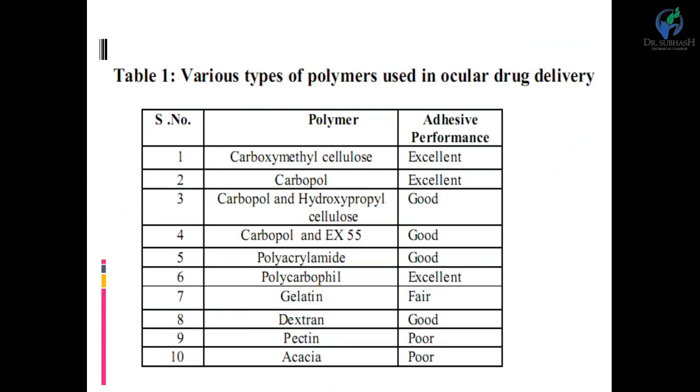Here are some polymer examples used for controlled-type ocular systems. Adhesive performance is needed to increase the contact or residence time on the surface of the eye. Excellent adhesive performance comes from carbopol and carboxymethyl cellulose.